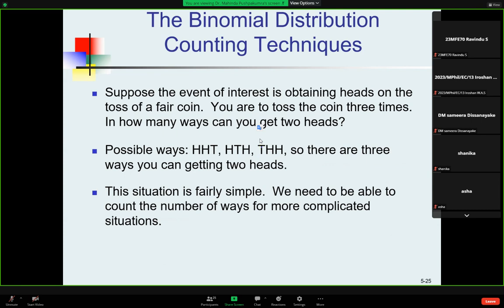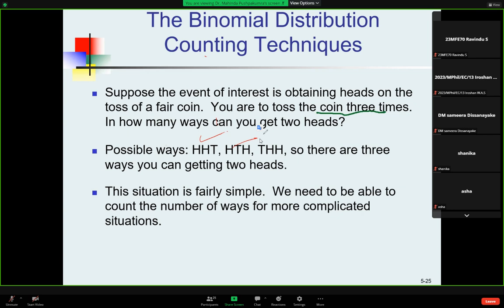Okay, last week we also did a similar type of exercise. Let's say you toss a coin 3 times.